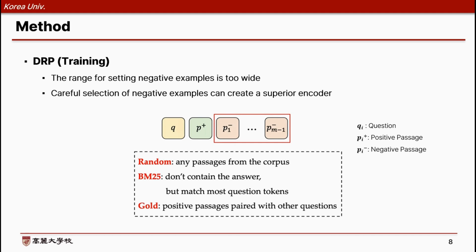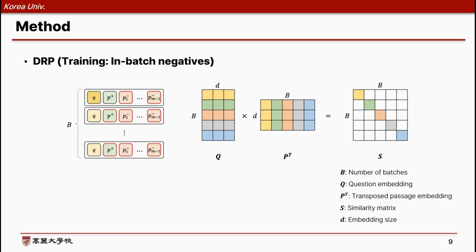This means that it is a sample that is difficult to distinguish to that extent. Finally, Gold uses the positive passage of another question as the negative passage of the question.